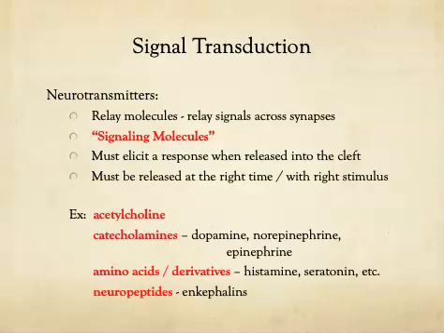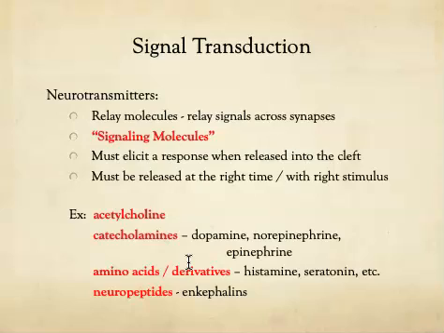So we're not going to have an opportunity to talk about all of the different types of neurotransmitters, but we will discuss 4 important groups of neurotransmitters. The first one is a single neurotransmitter called acetylcholine. The second one is a group of neurotransmitters called catecholamines.